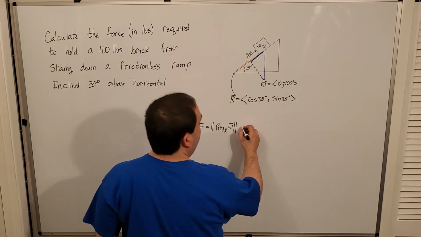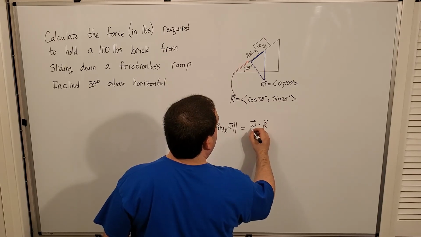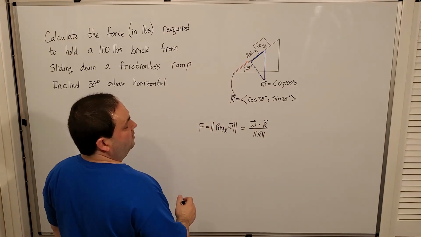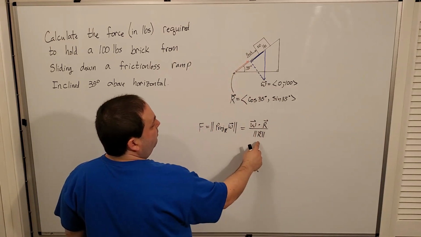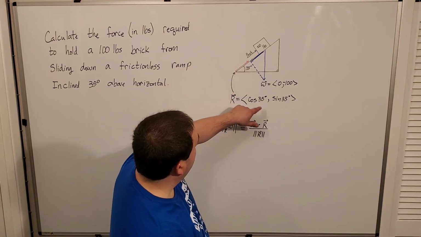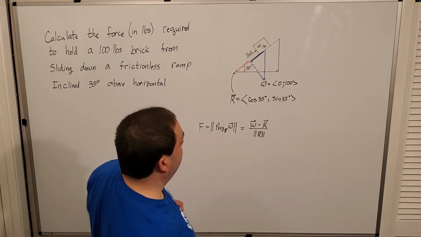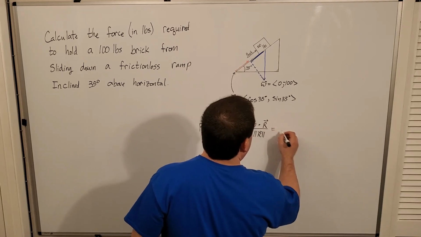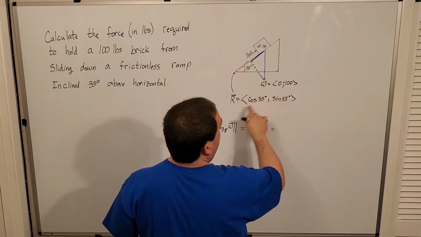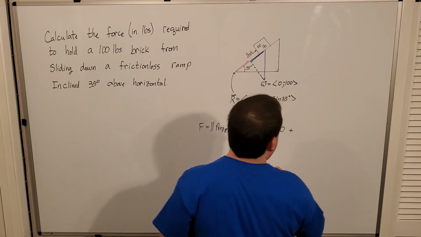And remember, the magnitude of a projection is just the dot product of the two vectors divided by the length of the thing being projected onto. So in this case, since I'm projecting onto the ramp, it'd be the magnitude of the ramp vector. Fortunately for us, our ramp vector is a unit vector. It's cosine and sine. Cosine squared plus sine squared is going to equal 1. So really all I have to do is W dot R. So that's 0 times cosine, which is 0, plus the negative 100.